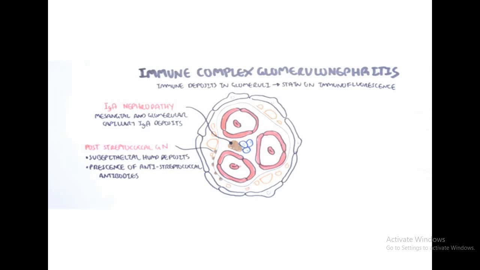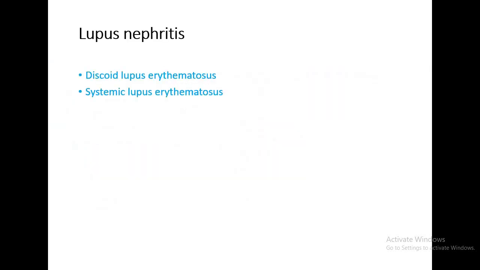And the next entity would be IgA nephropathy in immune complex glomerulonephritis. Lupus nephritis. So when we talk about lupus nephritis, don't get confused with discoid lupus erythematosus. Both of these are autoimmune disorders. Discoid lupus erythematosus affects only the skin, whereas systemic lupus erythematosus is a multi-system disorder affecting the joints and skin and kidney.